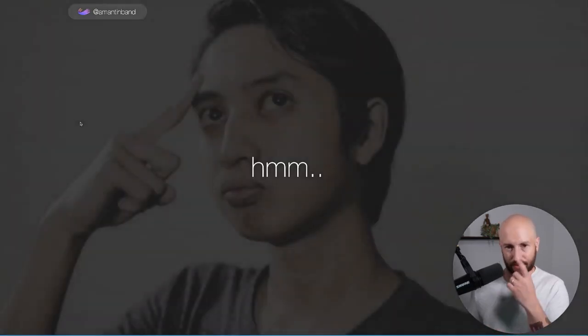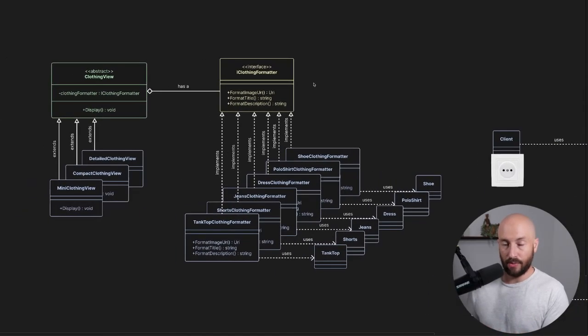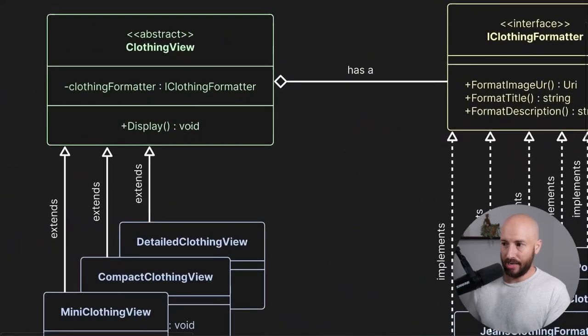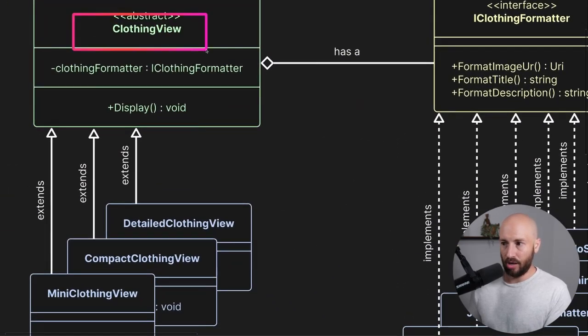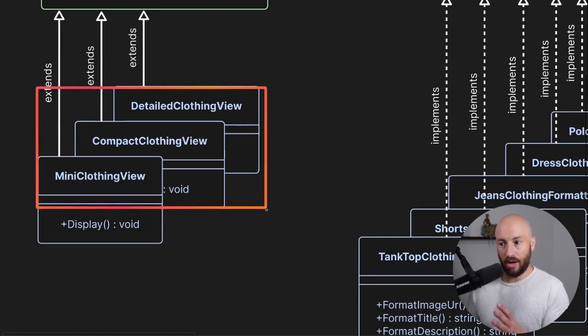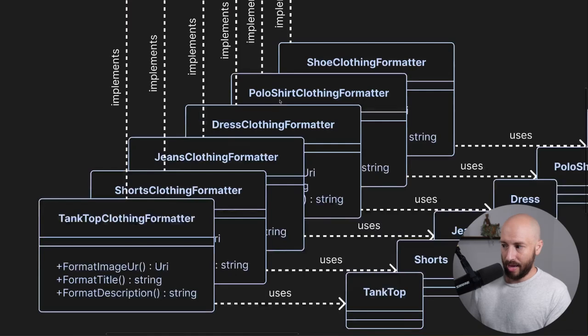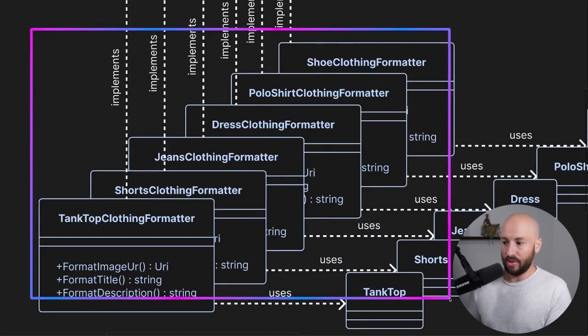Instead of this, we thought, maybe we can use some design pattern, and that brought us to use the bridge design pattern, where we said the abstraction will be the clothing view, and the refined abstractions will be each one of the mini, the compact, and the detailed views, and we'll have the implementer being the clothing formatter, and we'll have a formatter per clothing type.